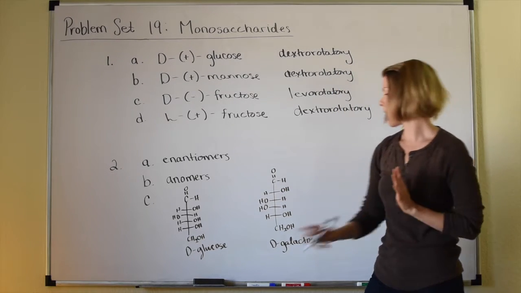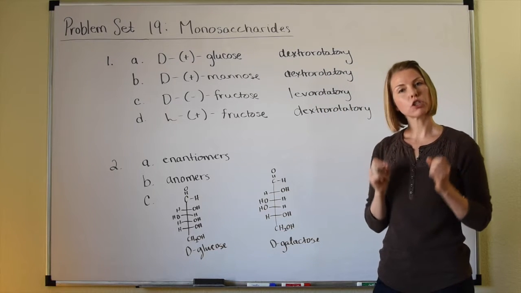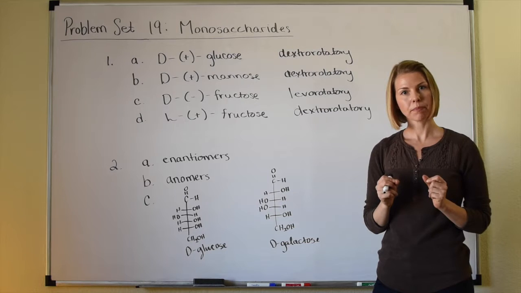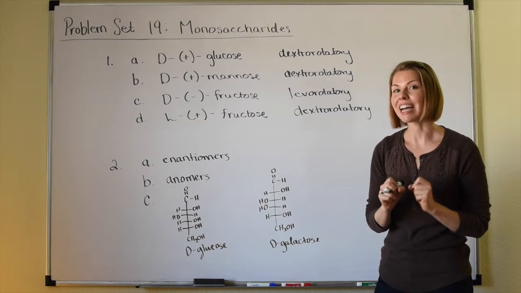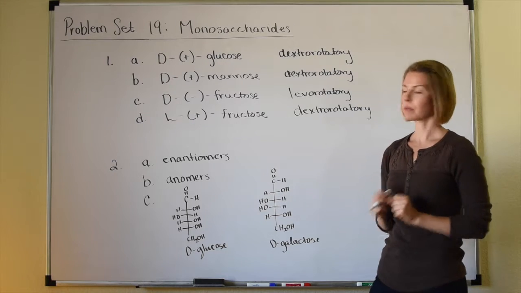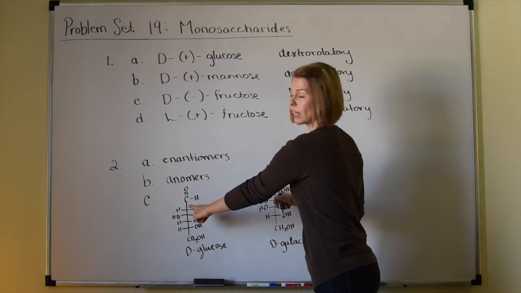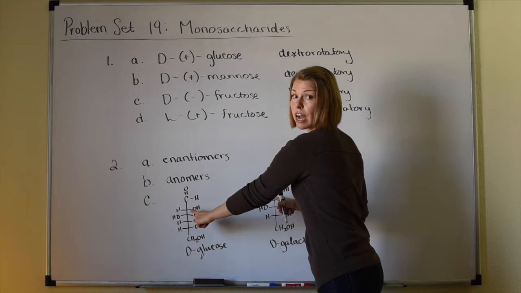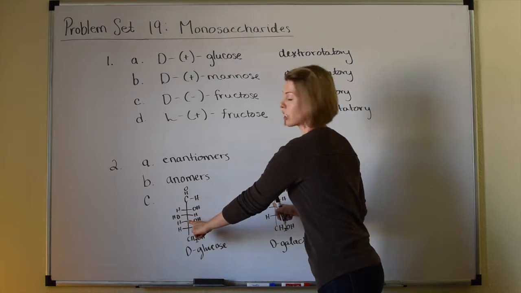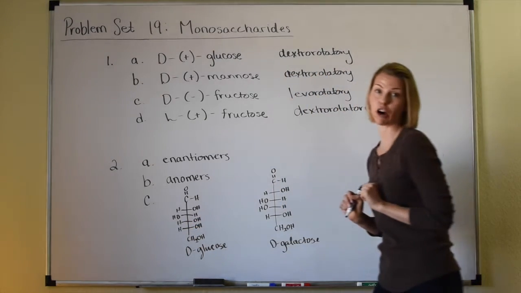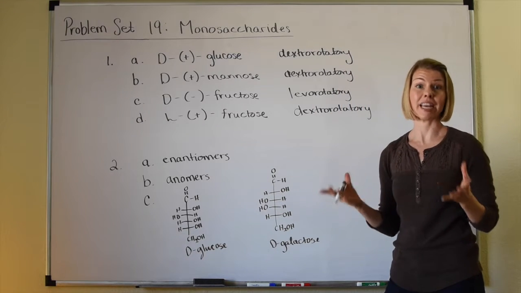The enantiomer of D-glucose is L-glucose. However, they do have the same molecular formula. So they're some type of isomer. They do have the same connectivity of atoms. Notice an aldehyde, followed by a chiral carbon with an OH and an H, followed by another chiral carbon with an OH and an H, followed by a third chiral carbon with an OH and an H, followed by a fourth chiral carbon with an OH and an H, and last but not least, a CH2OH.